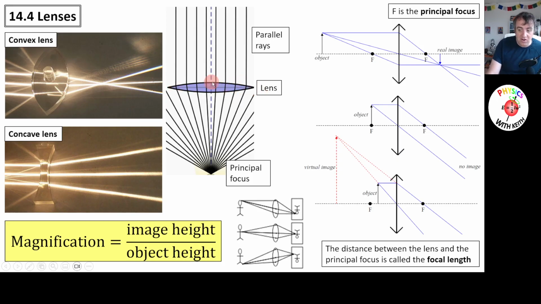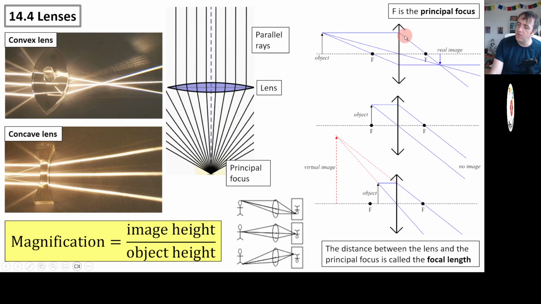But it is 90 degrees to the surface of the lens in the middle. And so if the lens is thin enough, then a ray that is passing through the very centre of the lens, it's like it's passing through a really, really thin, plain sheet of glass. So it doesn't really change direction. So this second principal ray passes through the centre of the lens undeflected.